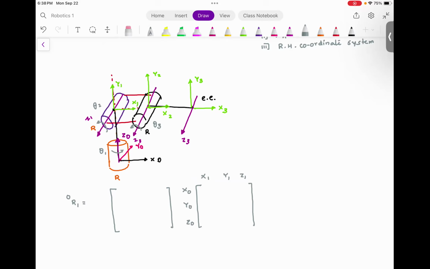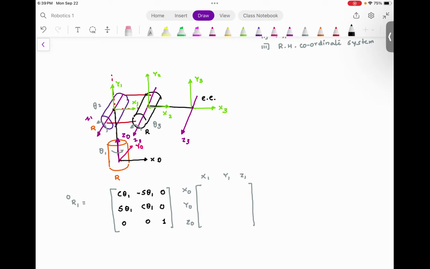No matter what problem we solve, our rotation matrix is going to be cosine theta 1, minus sine theta 1, 0; sine theta 1, cosine theta 1, 0; 0, 0, 1. Do you agree with me? This is the standard rotation matrix for the rotation about the z-axis.